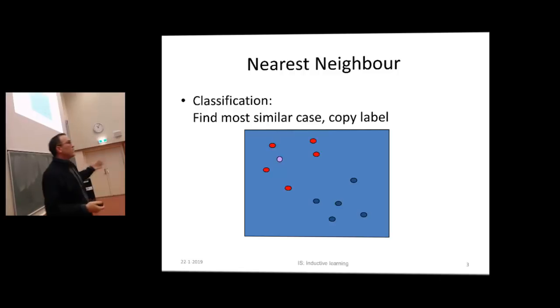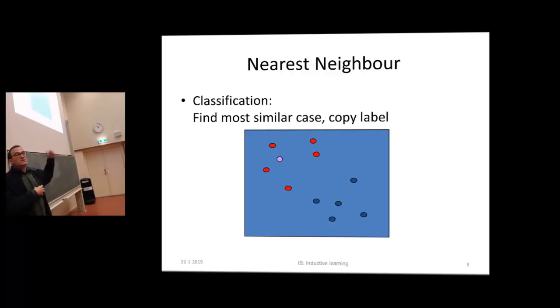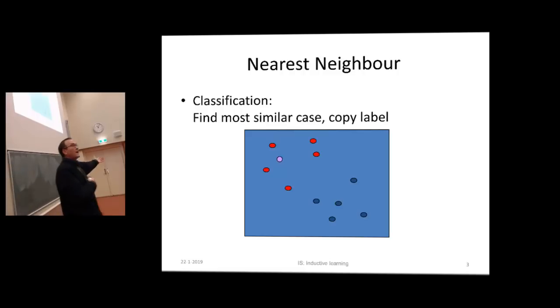I think everybody would think, even without knowing any details of the problem, that given this feature space, we would expect this pink one to be red. Because it is so close to the other red ones and so far away from the blue ones, which means in our feature space representation that it shares the features with the red ones more than with the blue ones. That's why you would expect this to be classified as a red node.